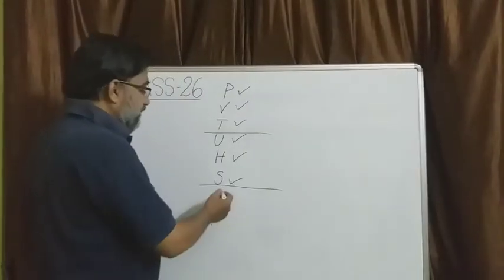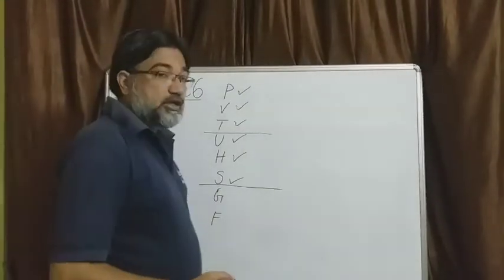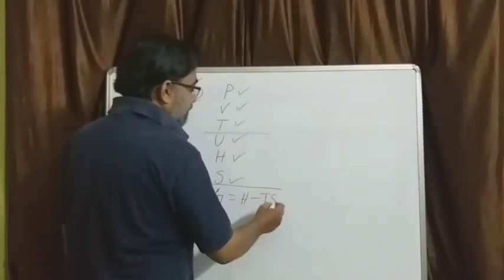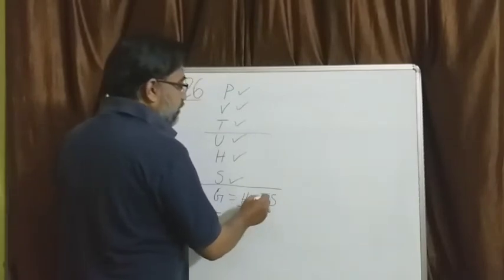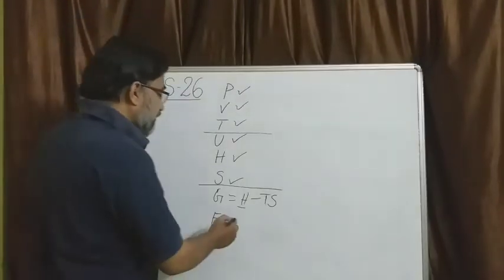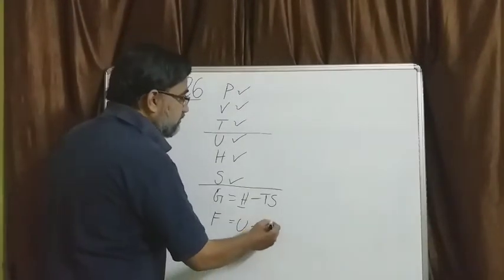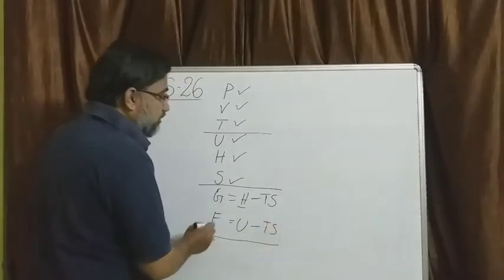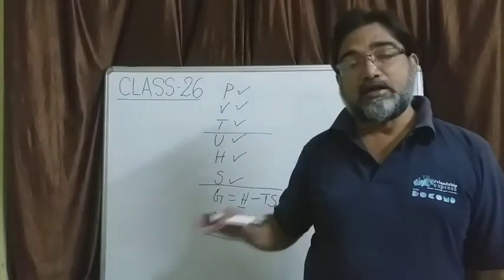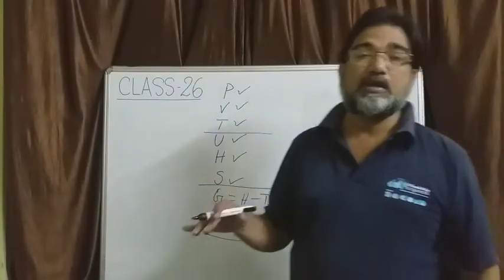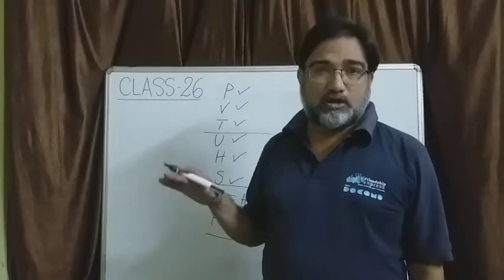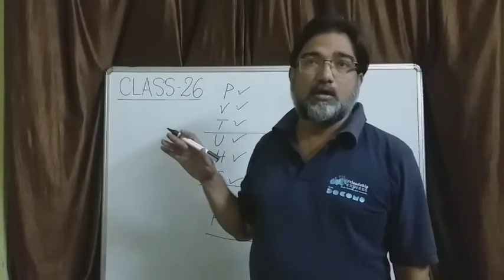Okay. Now, what is this Gibbs function? Just remember, it is H minus Ts. H is enthalpy. Quantitatively, Gibbs function is H minus Ts, and F is U minus Ts. For the time being, remember this much, because at your undergraduate level, for mechanical students, the significance of G and F is not very useful.